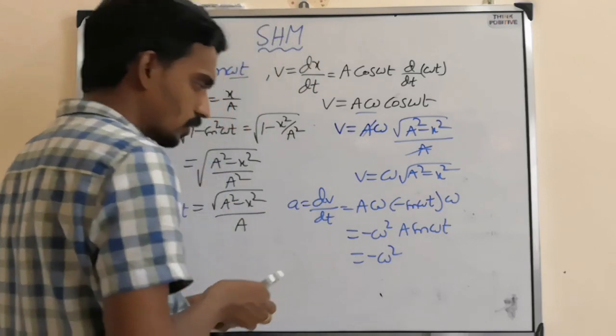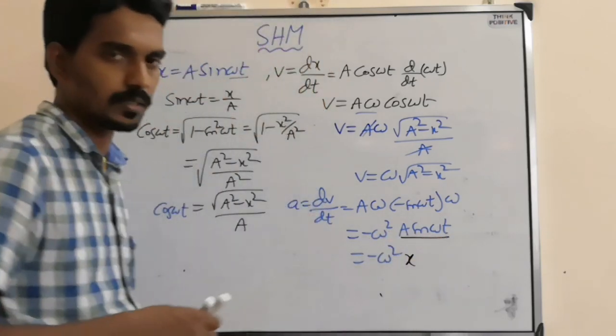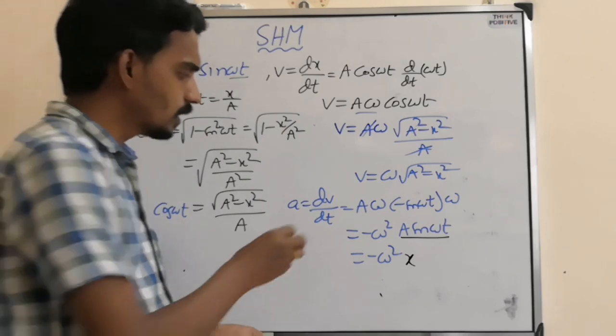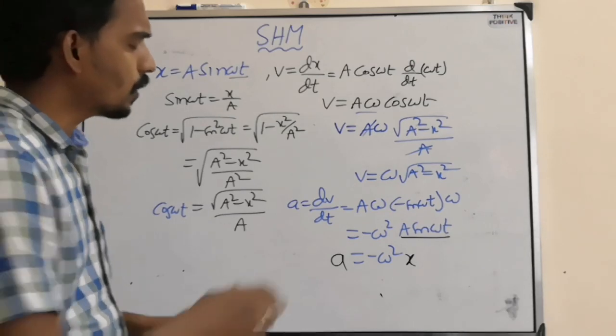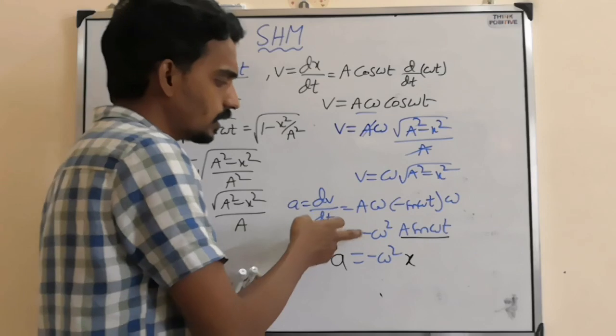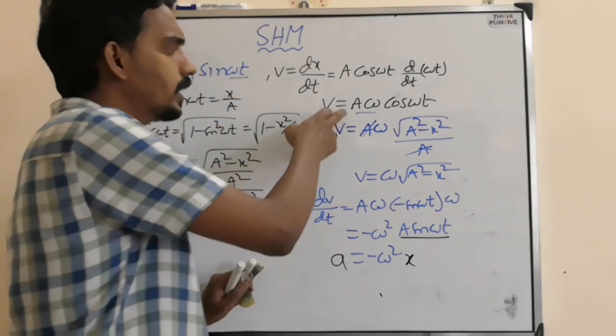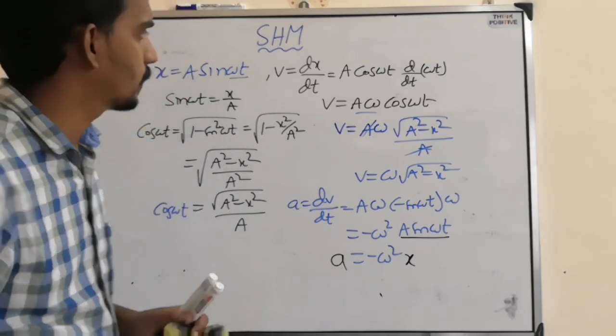So minus omega square into a sin omega t is nothing but minus omega square x. So this is the acceleration equation. So for velocity there are 2 equations. For acceleration there are 2 equations. One is in terms of time, another is in terms of displacement.